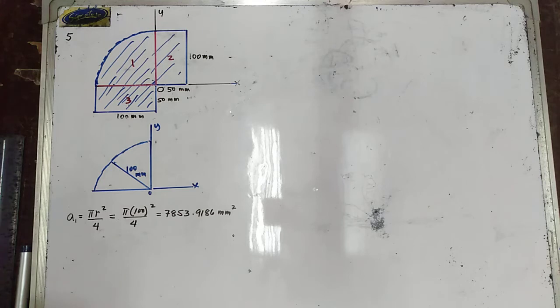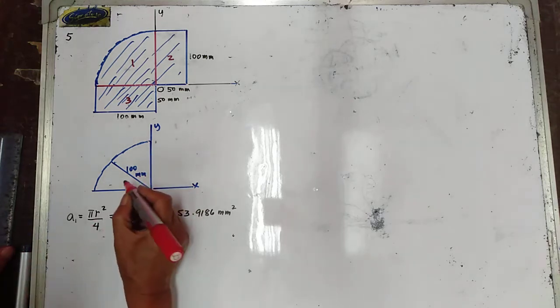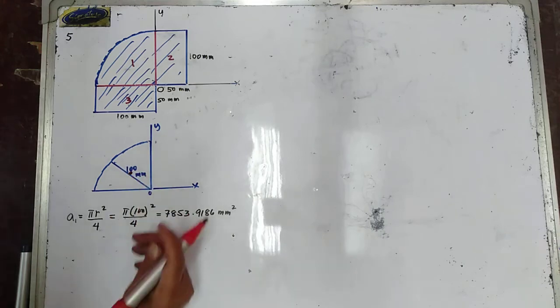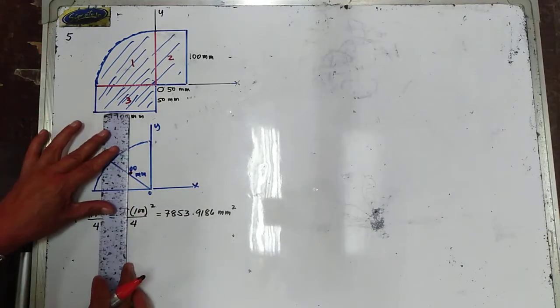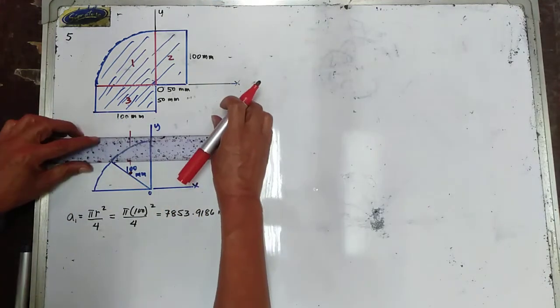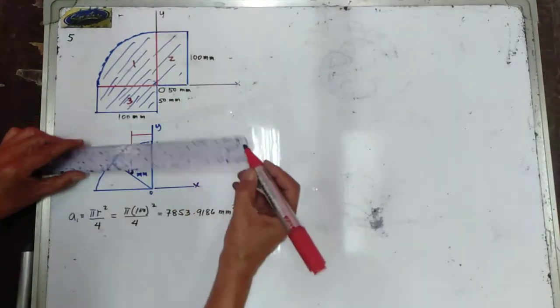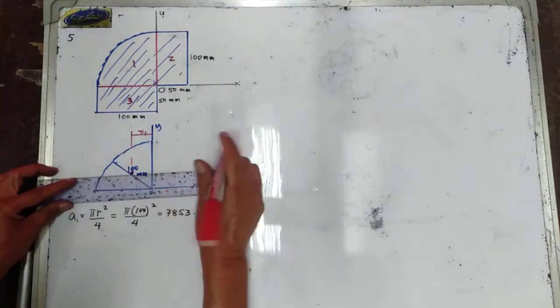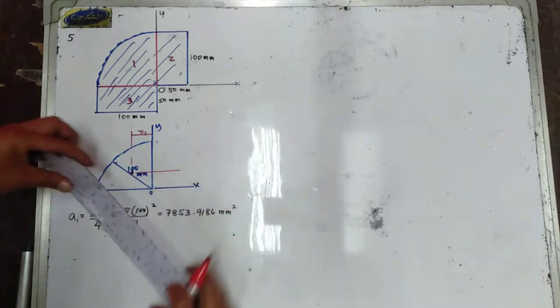So let's try to determine your x1 and y1. Considering now that this is the centroid of this area, hence this is now your x sub 1, and this is now your y1.